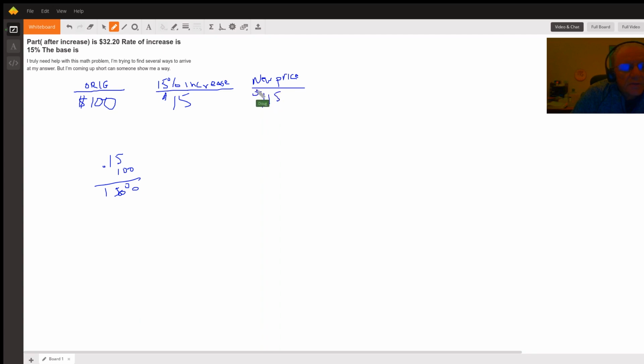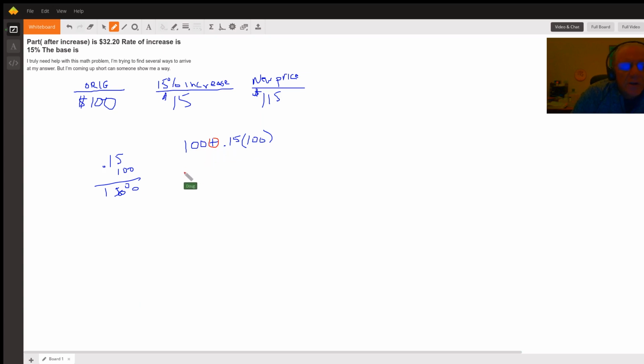So what exactly did we do? We had $100 to start with, and we added on 15% of 100. Now, what I'm about to show you is a shortcut for calculating percent increases. If you notice, this expression right here is two terms separated by this plus sign, and each of those terms is divisible by 100.